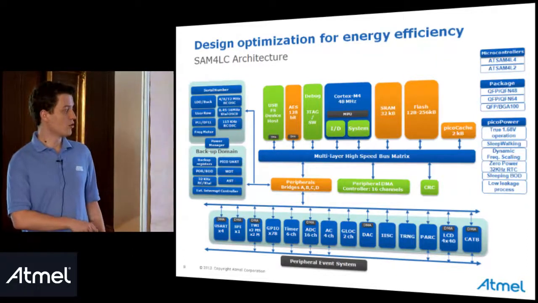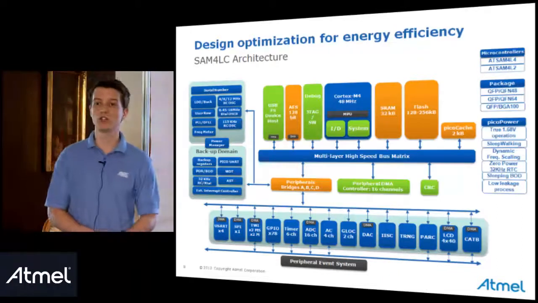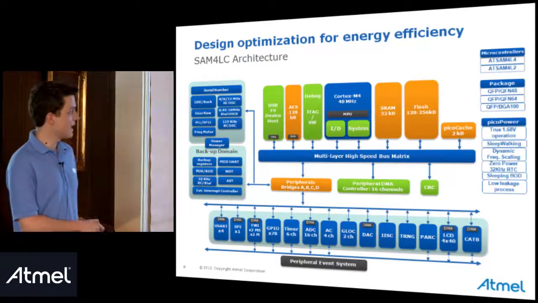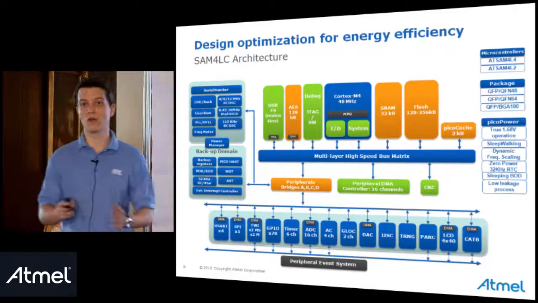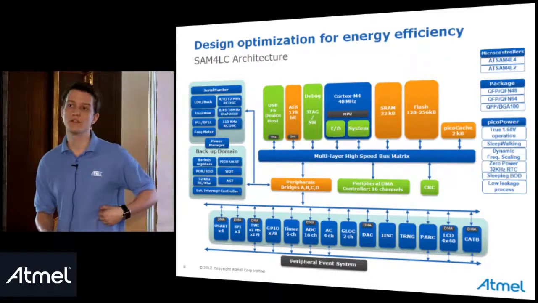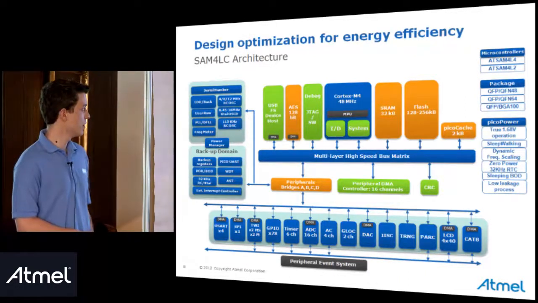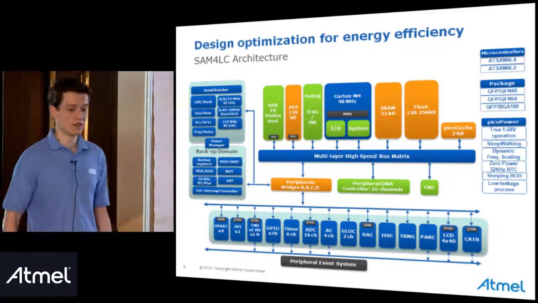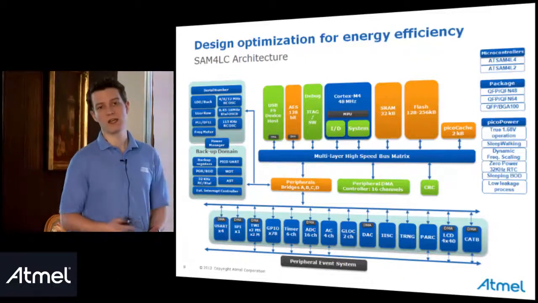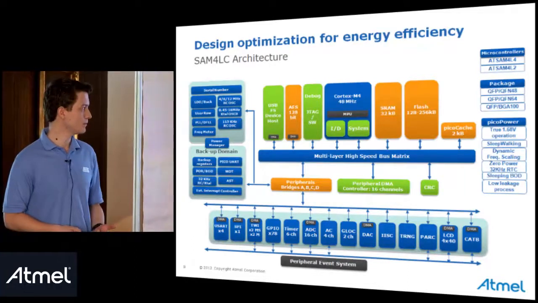We have the LCD controller, the CAT-B, which is the hardware QTouch controller, and full-speed USB, which can act as device or host depending on the series or the derivative that you have selected. In addition to all those peripherals, we have the system peripherals that mainly manage the clock and the power consumption, so all the low power modes of the system.